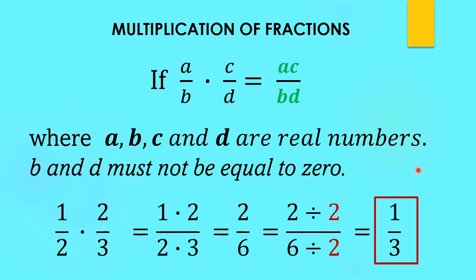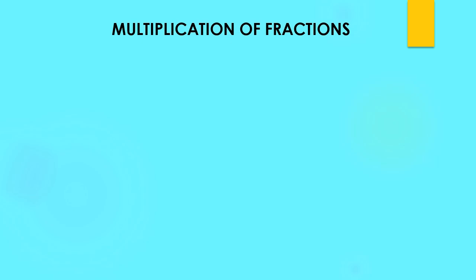Okay, next. Let's have another one. I have here 1/4 times 1/5. So how do we multiply 1/4 and 1/5?